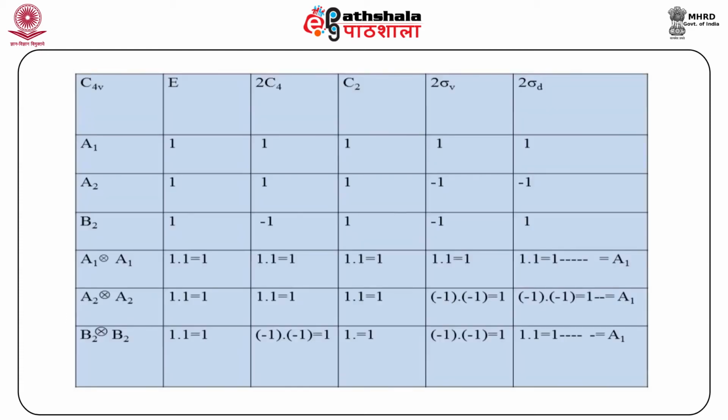Now, the direct product of an irreducible representation, say one-dimensional, with itself will contain the totally symmetric representation. That is, we can take the direct product of A1, A1, A2, A2, B1, B1, B2, B2, and we will get the result as A1, as shown in this table over here.